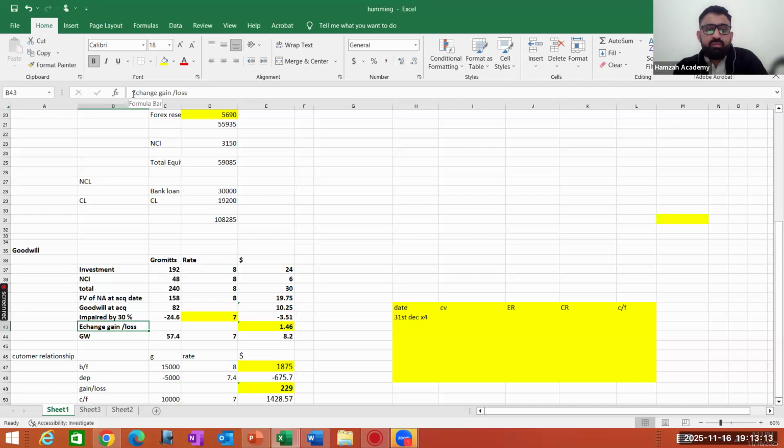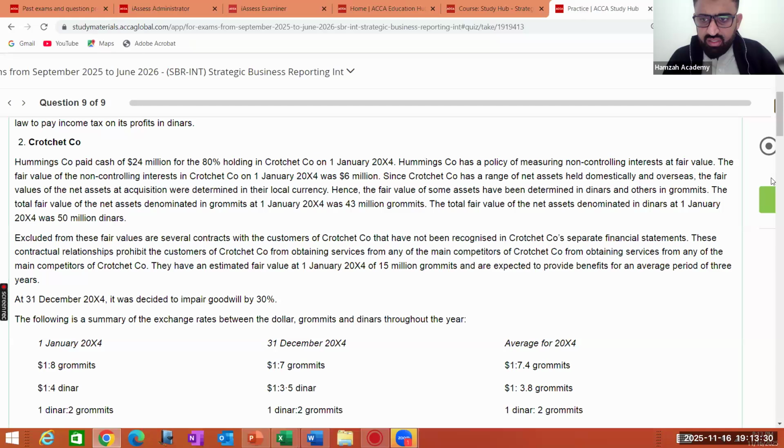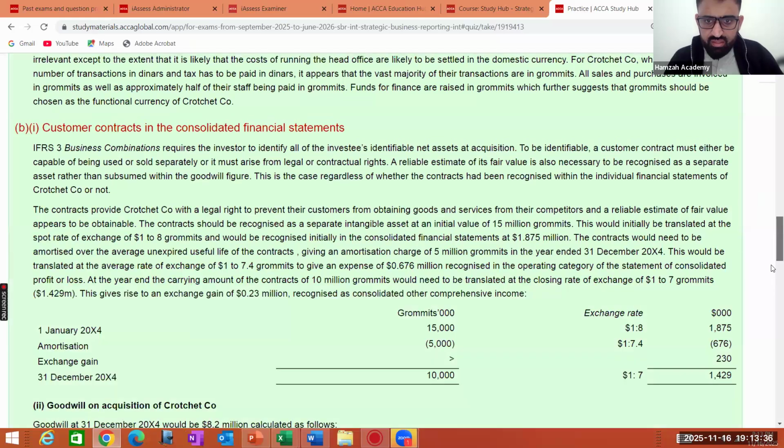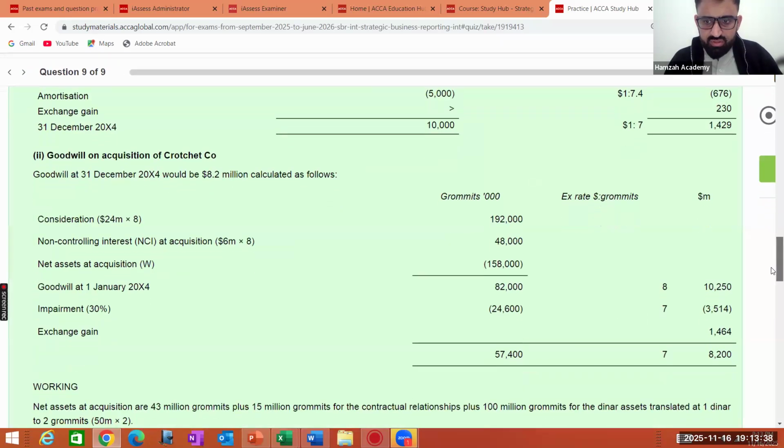And this exchange gain will be reported in other comprehensive income. And then it should be distributed between group and NCI. So this is how the goodwill is calculated in the group account.